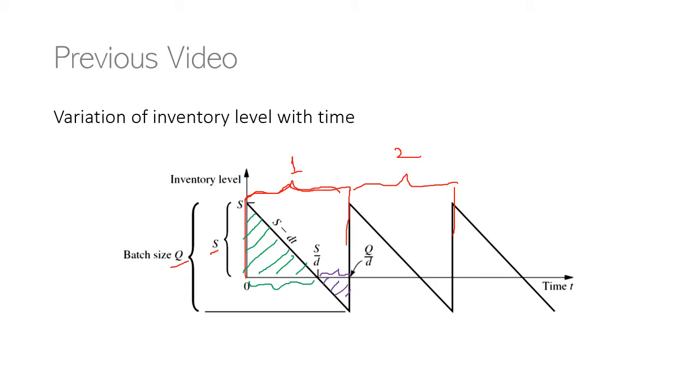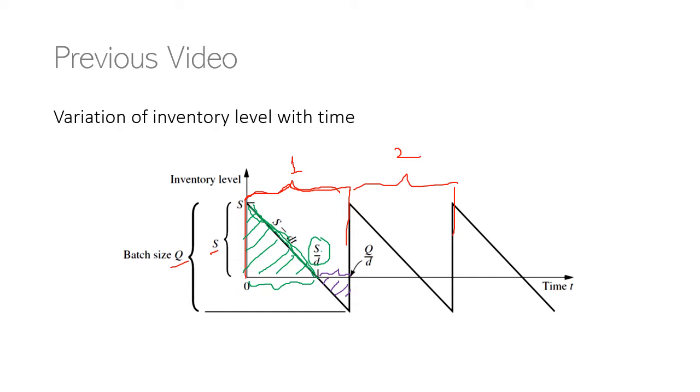From 0 to S by D, we saw that the inventory gradually depletes over time, and the rate at which the inventory depletes is simply the demand rate D. At time equal to S by D, the inventory depletes completely, and there are no items left in the inventory.